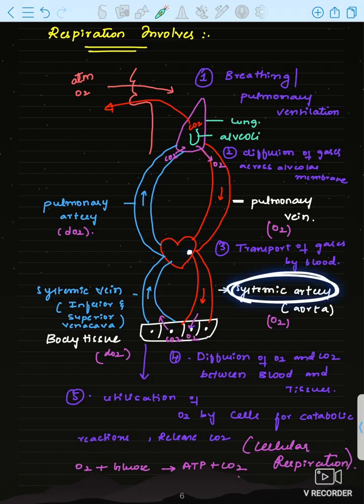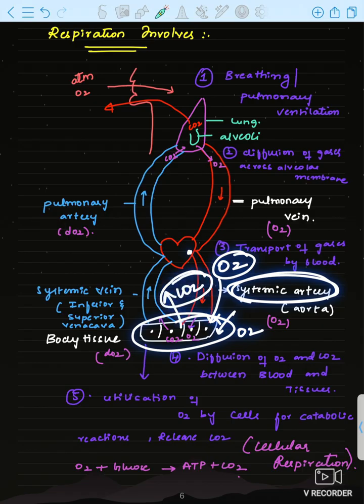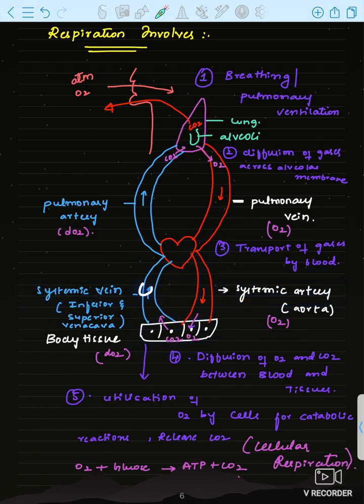From the heart, it carries oxygenated blood and gives it to the organs, and the organs utilize oxygen and give CO2. This CO2 will be carried by the systemic vein. Systemic vein means deoxygenated. Systemic vein carries the deoxygenated blood which contains CO2, like inferior vena cava and superior vena cava, and it will go to the heart.